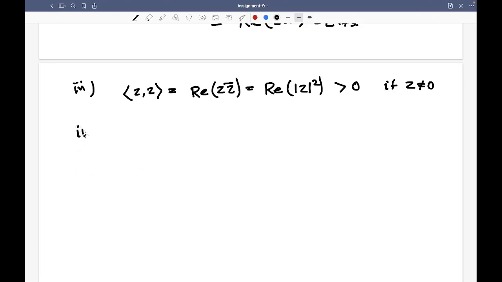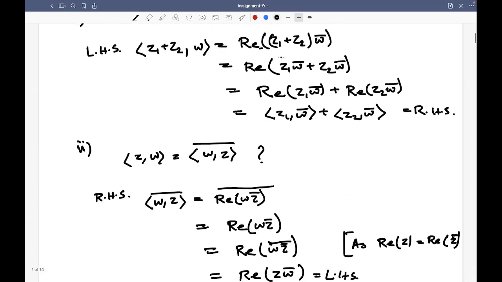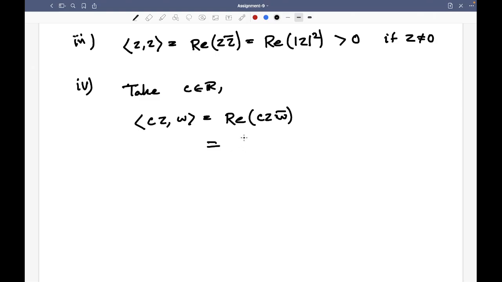Now we have to check condition 4. So what is condition 4? We have to check the inner product space over R, so you have to check for a real scalar. Take C a real number, and we have to check C Z comma W. By definition this is the real part of C Z times W bar.